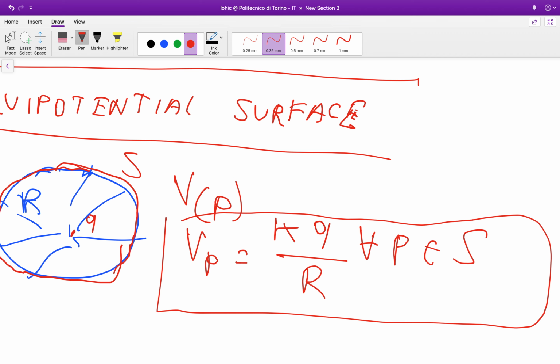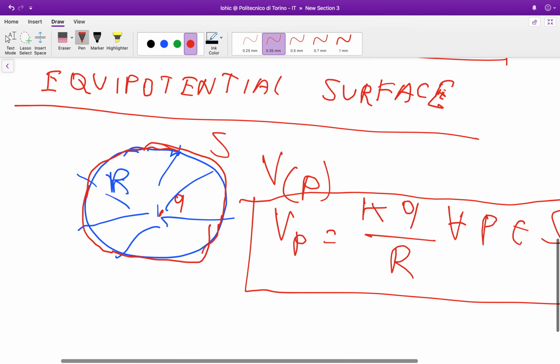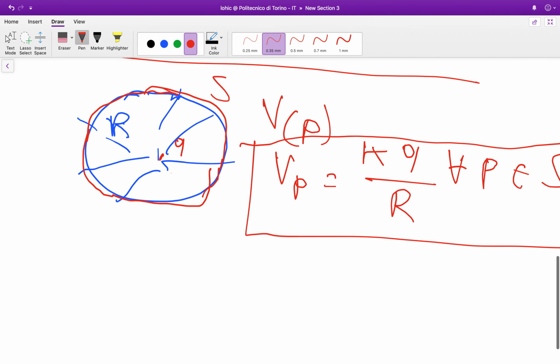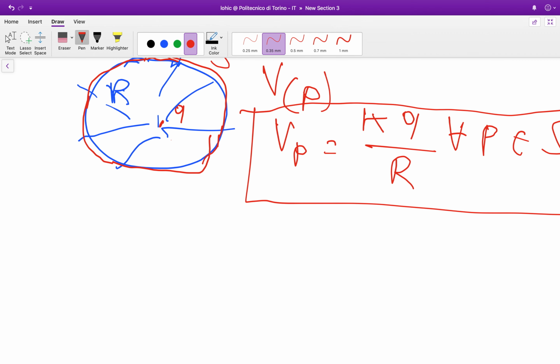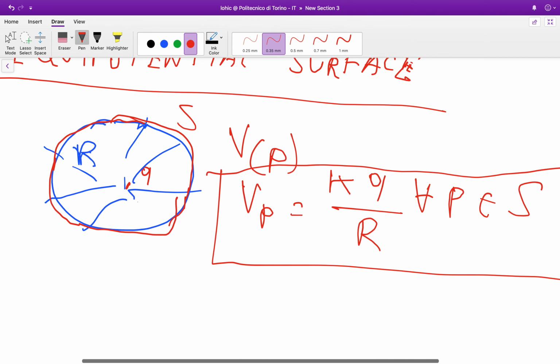You see that as all the points are at the same distance from Q, they all have the same potential. Can we say that they all have the same field? No, they have the same field in magnitude but not in direction. Because the field, for example, at this point will be like this, whereas the field at that point will be like that.